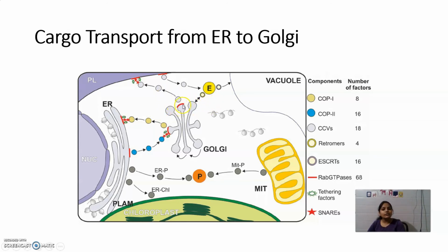The other ones which are leaving the Golgi and attaching to the lysosomes or arising from the plasma membrane are clathrin coated vesicles. Then some other type of vesicles, which are called retromers, are also present here. The vesicles which attach with endosomes and enter into the vacuoles are called retromers.